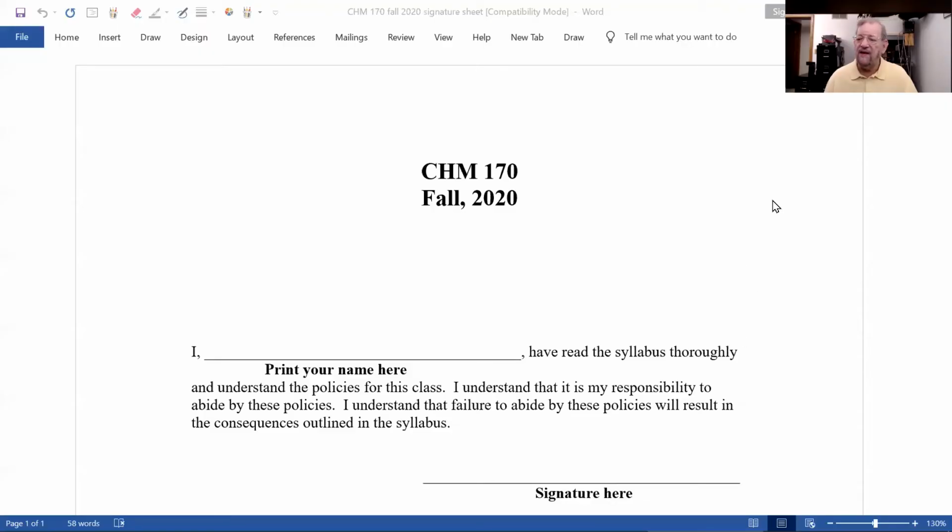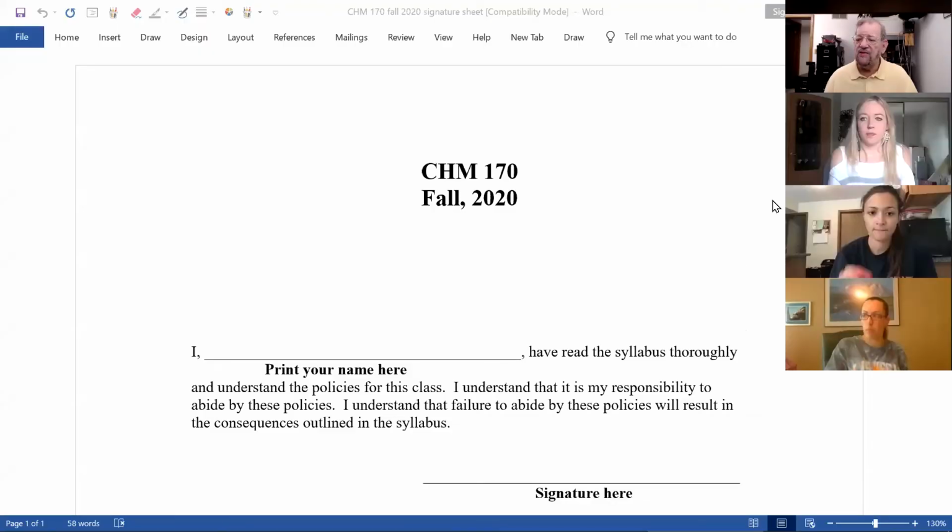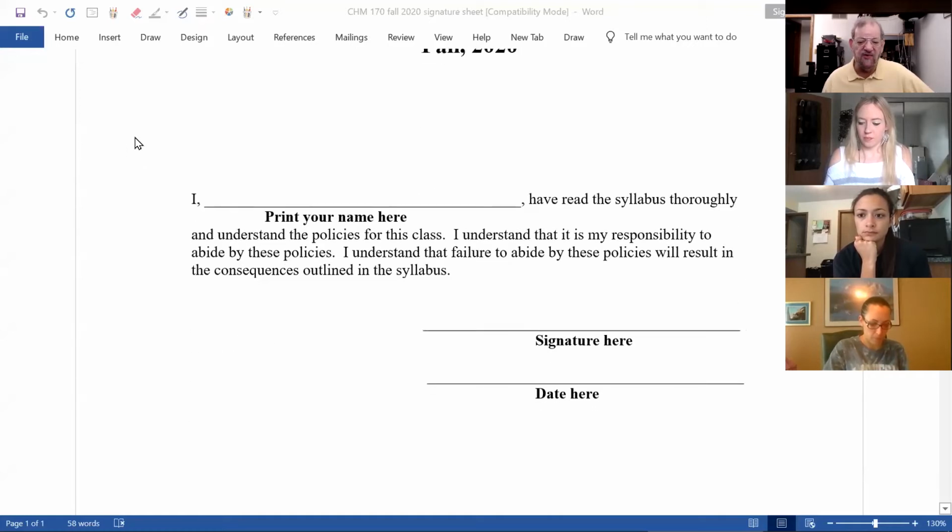You should see on the screen now what I call the signature sheet. This is something I've been doing a long time at ECC. I do it at my other school. I found out about this first year I was teaching from another faculty. That's a good thing. And here I have both a PDF and a Word document.